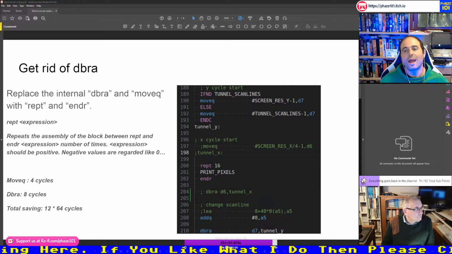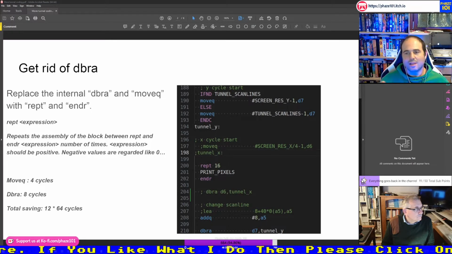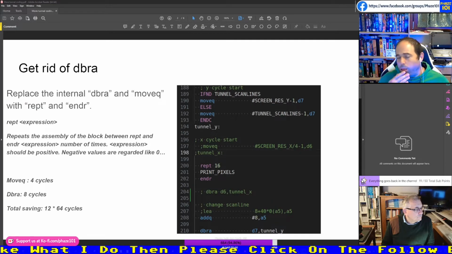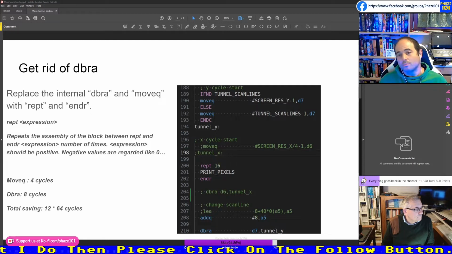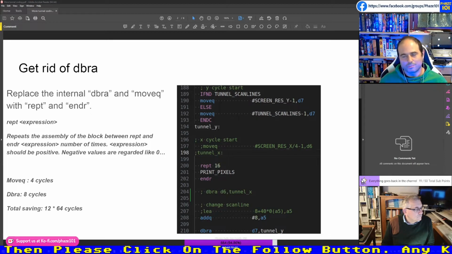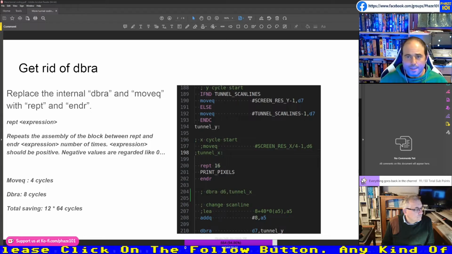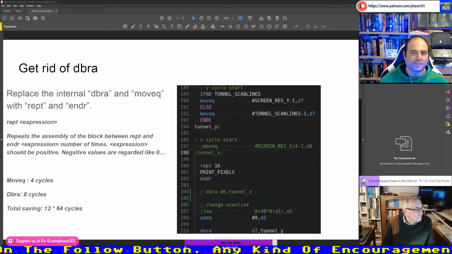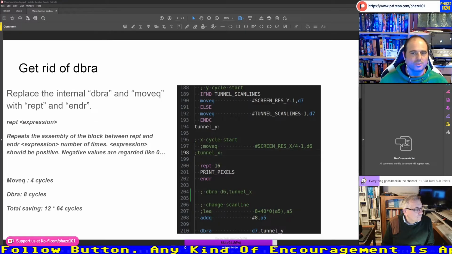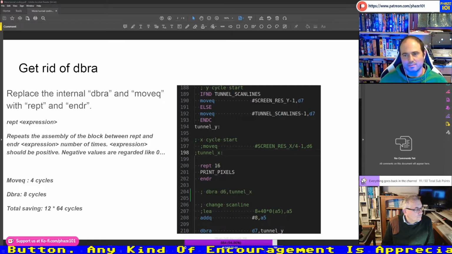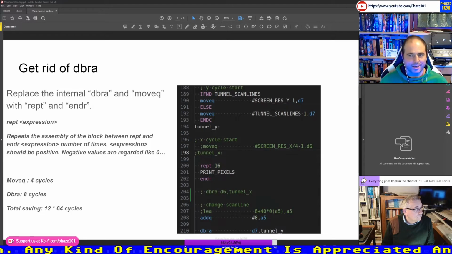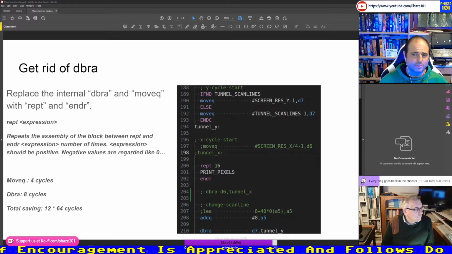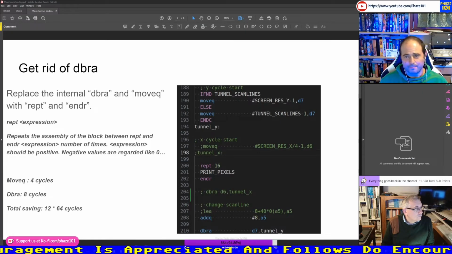For example, if you have LEA something relative to the program counter, probably you go out of bounds because you are putting too much code in the middle. So what you gain is what you lose after, because you cannot use the program counter reference. This is just an example, but there are some downsides using this technique, so it should be used very carefully.